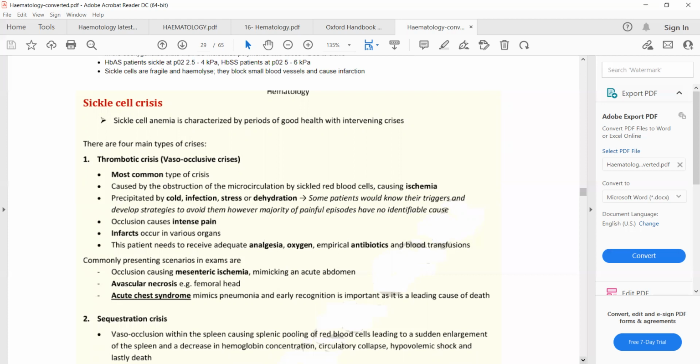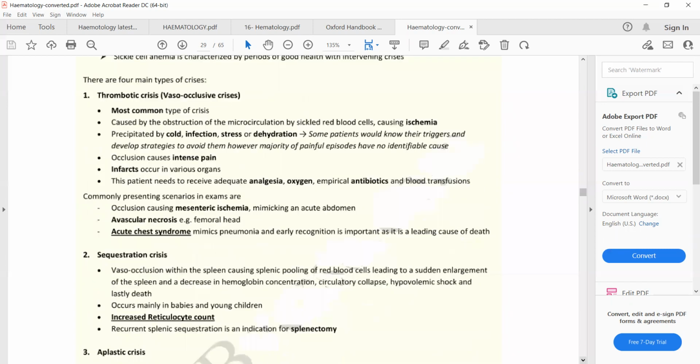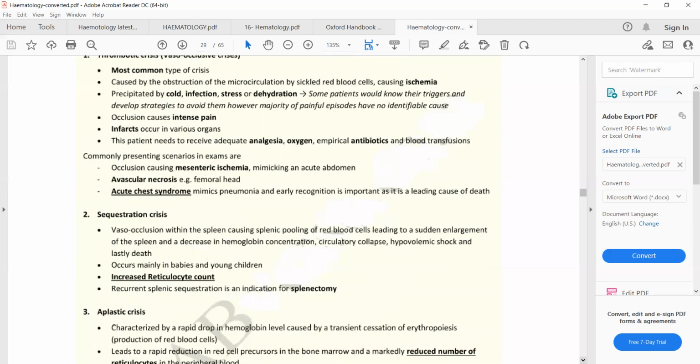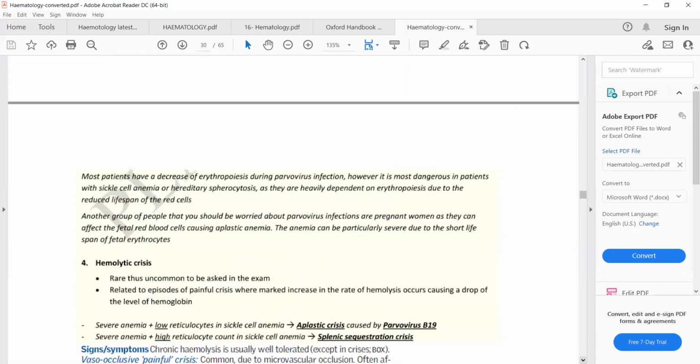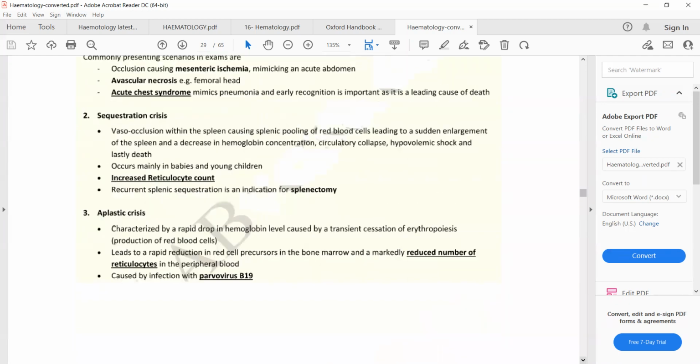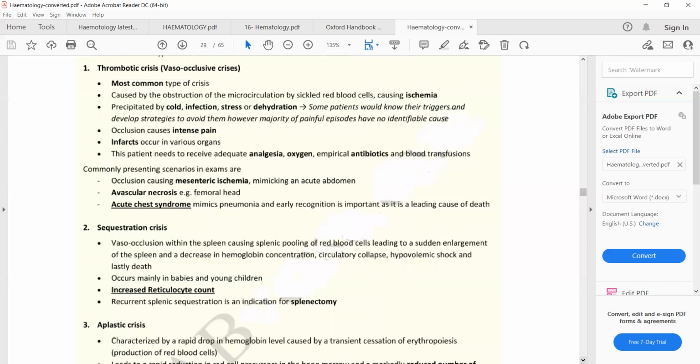One is thrombotic crisis or vaso-occlusive crisis, another is sequestration crisis, and the fourth one is hemolytic crisis. Vaso-occlusive crisis, sequestration crisis and aplastic crisis, all three of them are important. Hemolytic crisis is less important because it is very rare. So we'll discuss these three one by one.